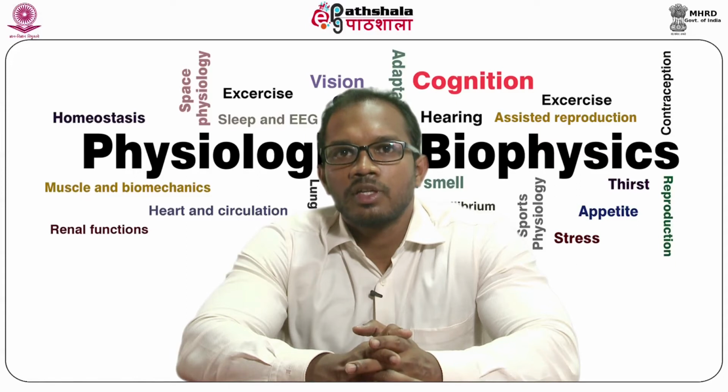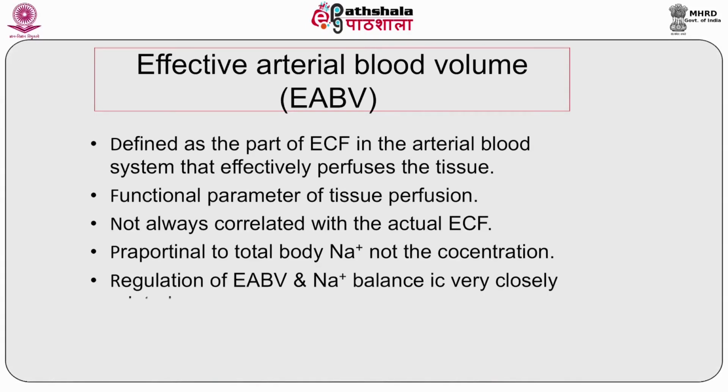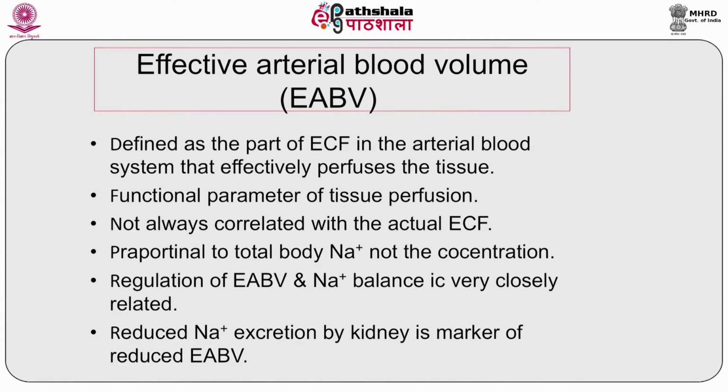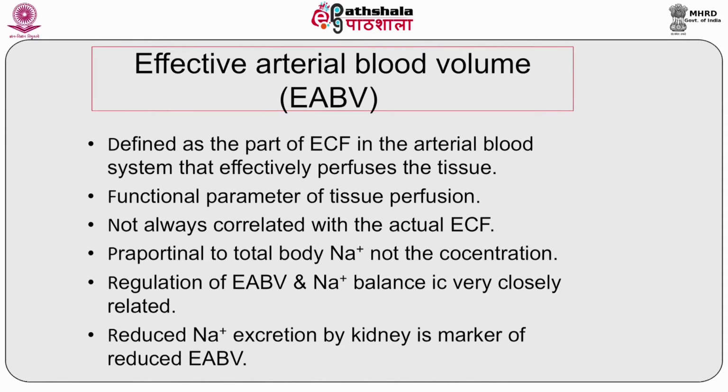Basically it is short term as well as long term. Though it is said that the plasma is regulated, it is the effective circulatory volume which is regulated in the body. The effective circulatory volume is defined as the part of the arterial blood system that effectively perfuses the tissue. It is the physiological volume which is effectively perfusing the tissue.